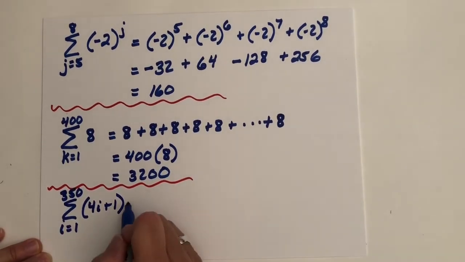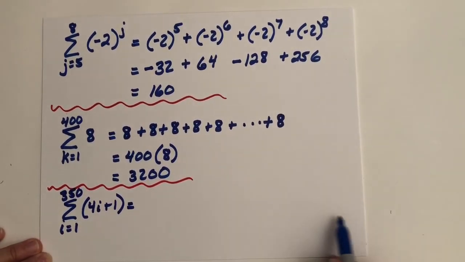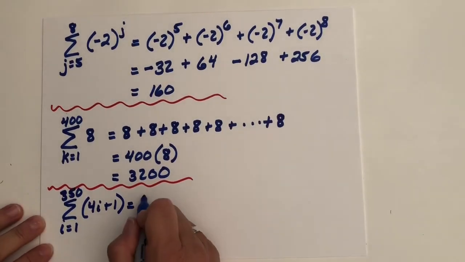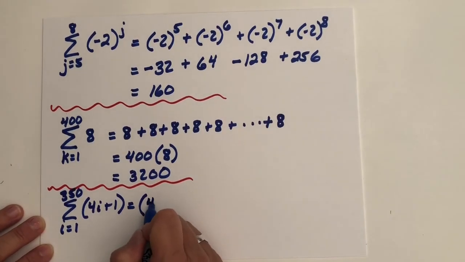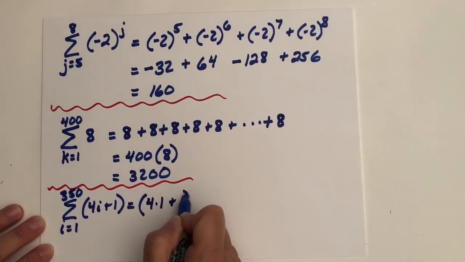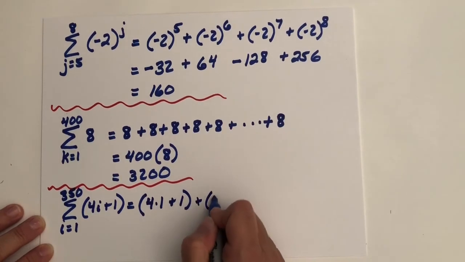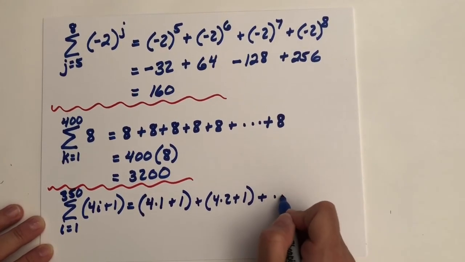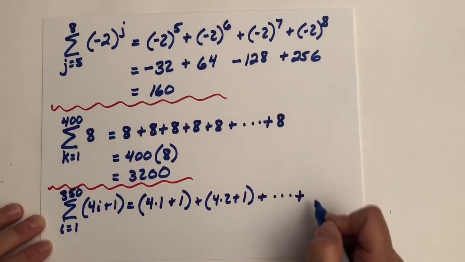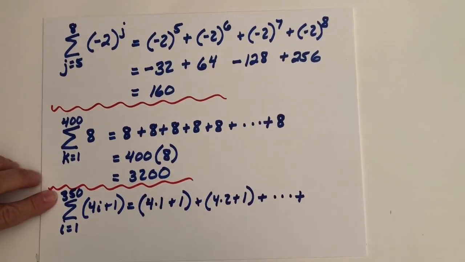And certainly we would not write out 350 terms. We could write out a few, and we would substitute i equals 1 in, so 4 times 1 plus 1, and 4 times 2 plus 1, and you could continue until you get to i equals 350.